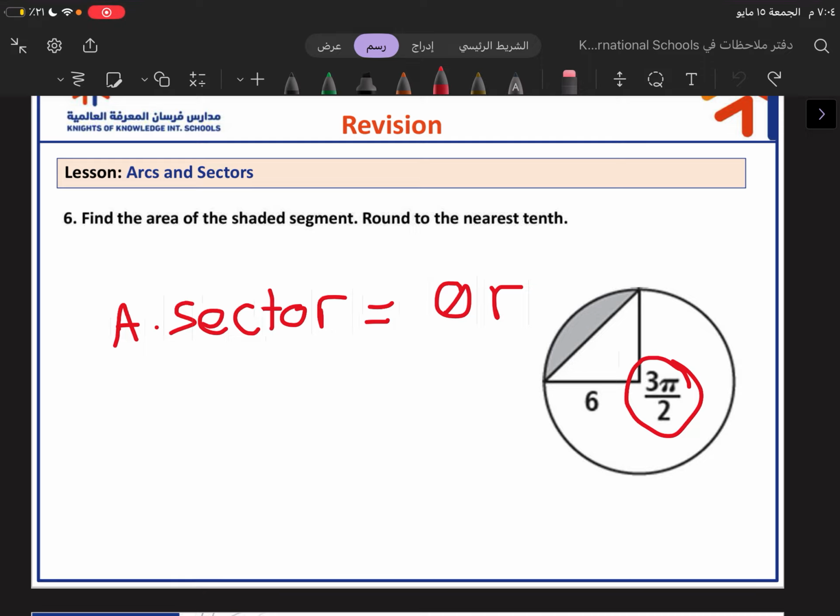But also, as you see here, it is a quarter of the circle, so I could find the area and divide it by 4. But I will follow the rule. So it will be 3 pi over 2 multiplied by 6, so 3 by 3, it is 9 pi. So the area of the sector is 9 pi.